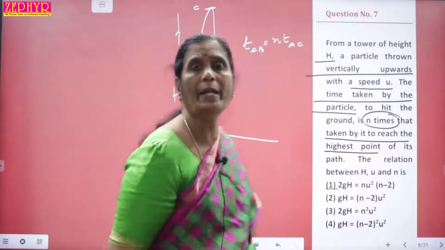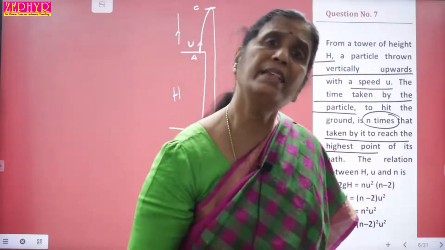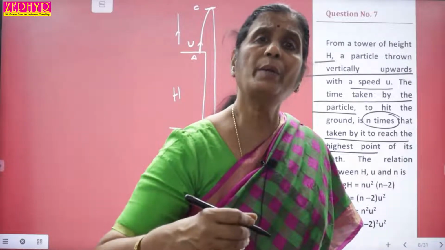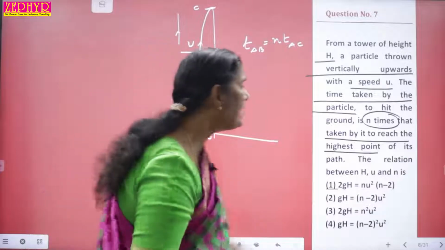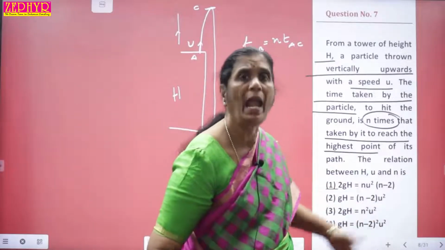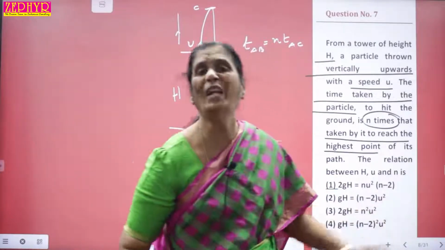Time taken by the particle to reach the ground is n times the time taken by the particle to reach the highest point. That's the condition. If that is the condition, tell me the relation between H, n, u.